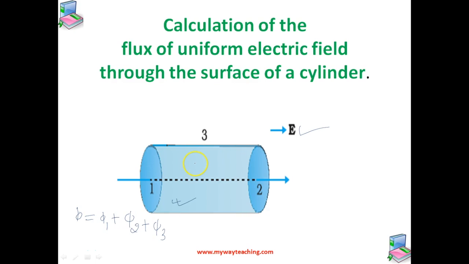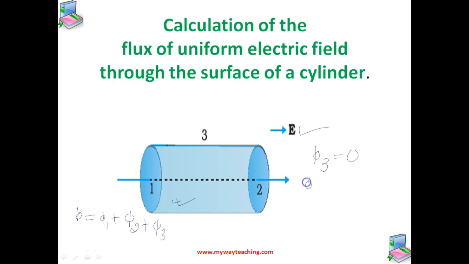Now the normal to the surface 3 at every point is perpendicular to E, isn't it? If you consider normals to the surface 3, they are perpendicular to E. So by definition of flux, phi 3 will be equal to 0.